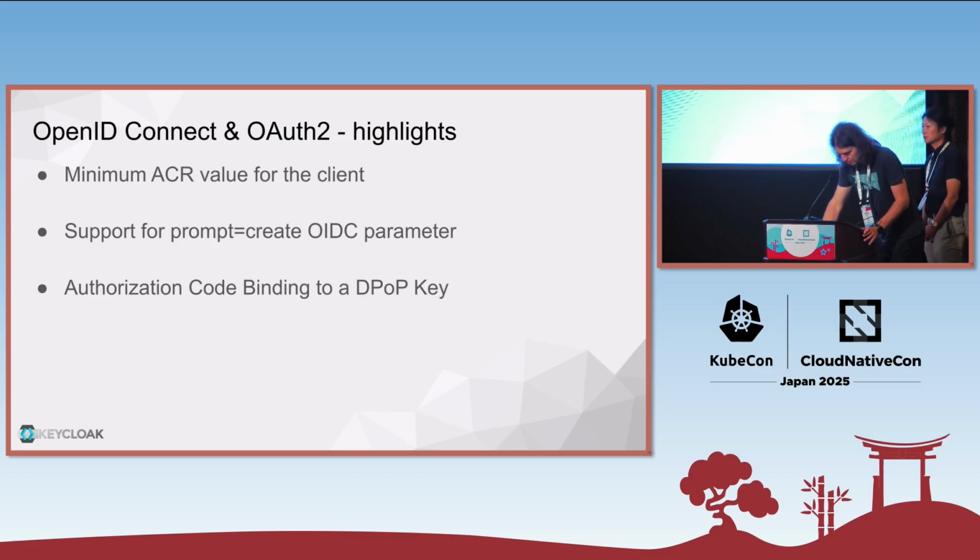Other noticeable things in OpenID Connect and OAuth 2: we now have a minimum ACR value for the client, which is useful, for example, if you have many client applications integrated with Keycloak, and for lots of your clients it is sufficient to authenticate the user just with username and password, but some of the clients require a stronger way, like mandatory two-factor authentication.